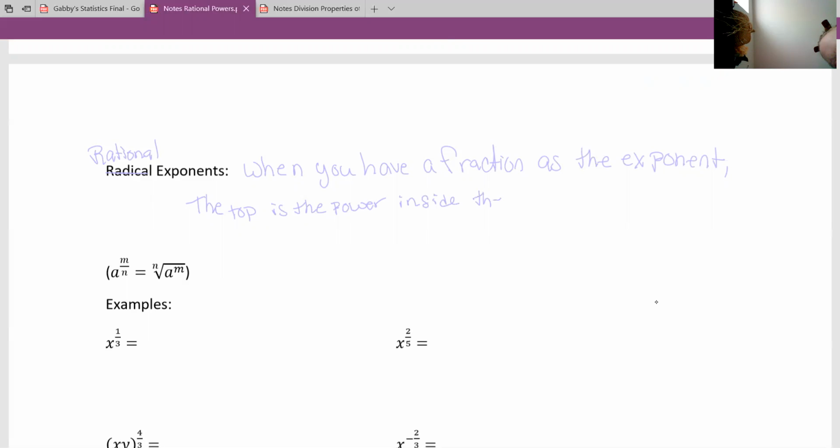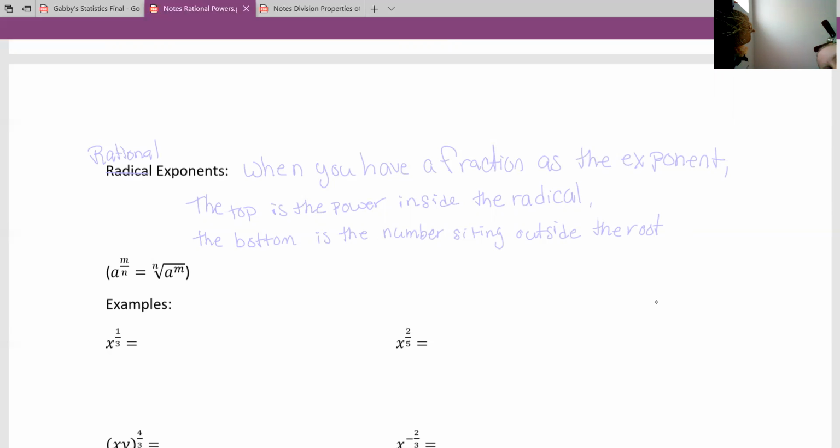the radical. And the bottom is the number sitting outside the root, or the radical.